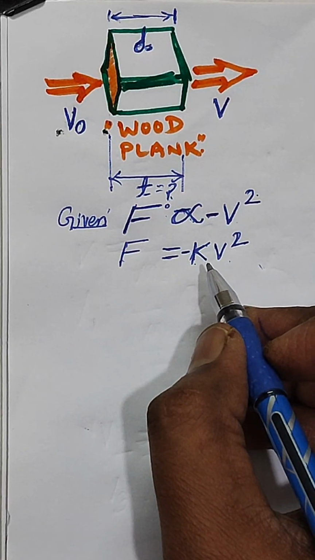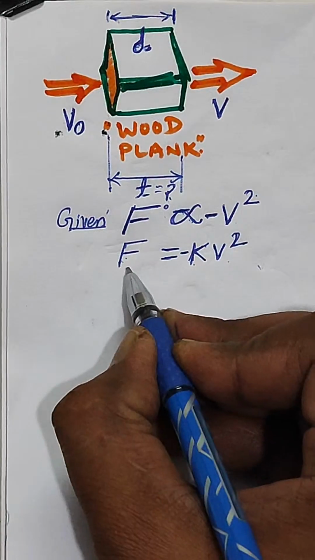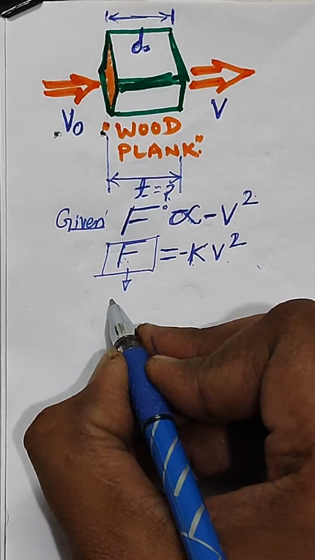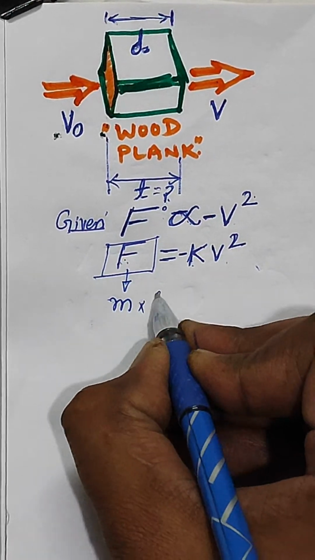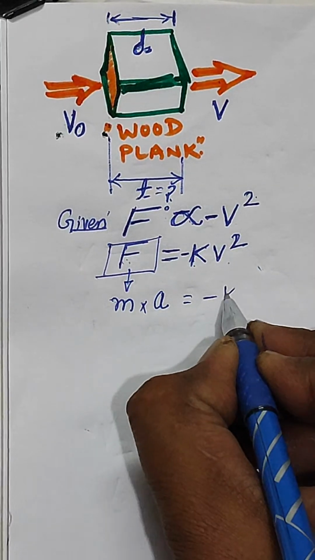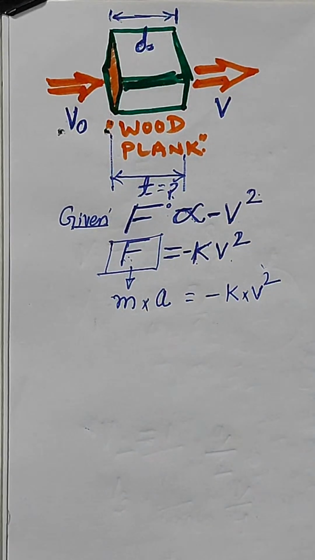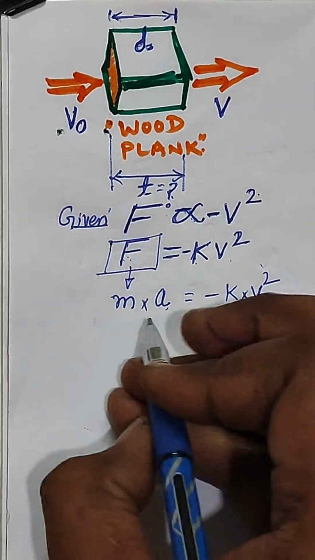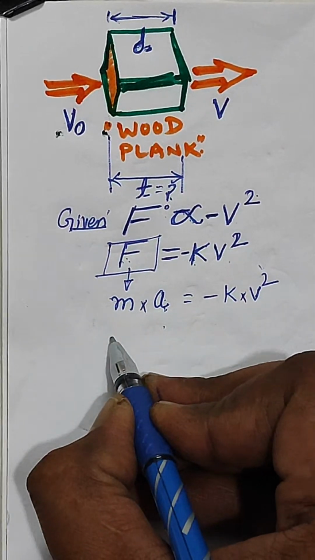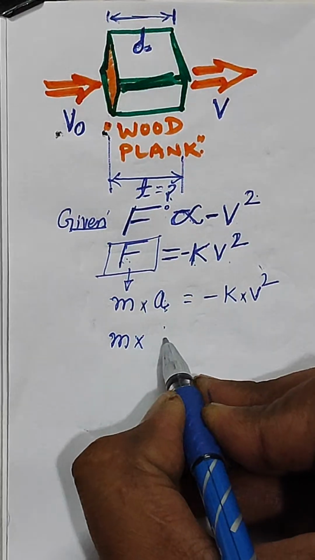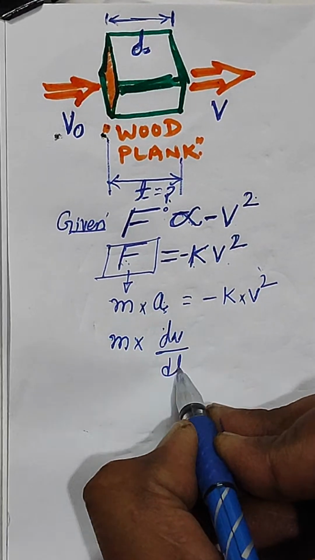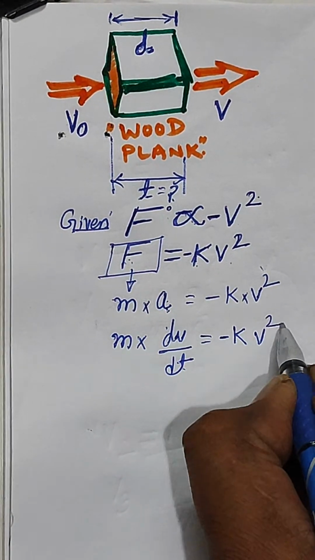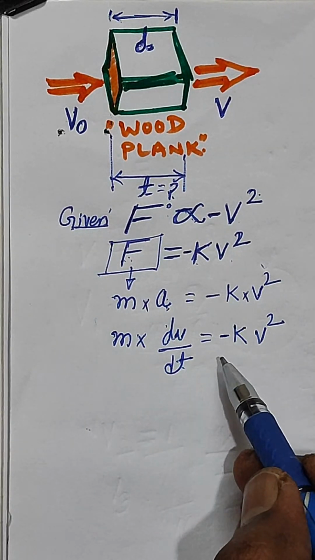We also know that F is equal to ma, Newton's second law, if you remember. So in place of F we write m into a, and this will be equal to minus k into v square, isn't it? And this a can be written as dv by dt, because rate of change of velocity is your acceleration. So m into dv by dt is equal to minus k v square.